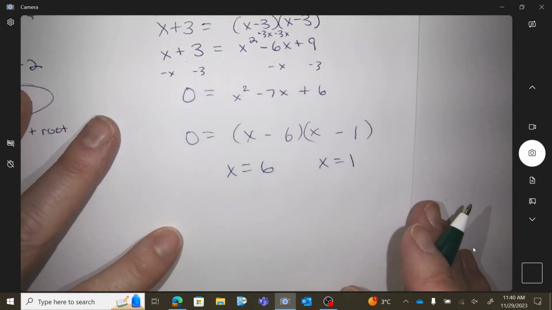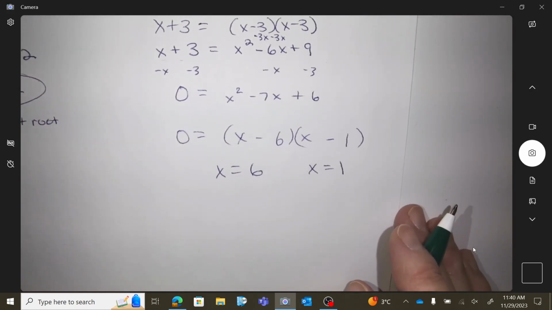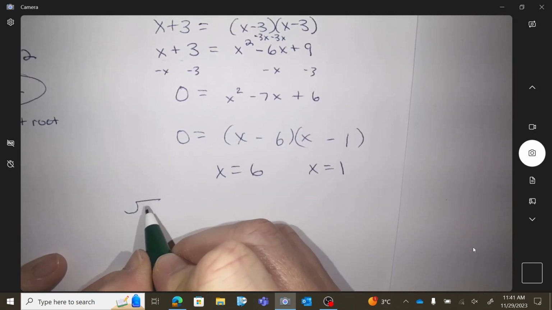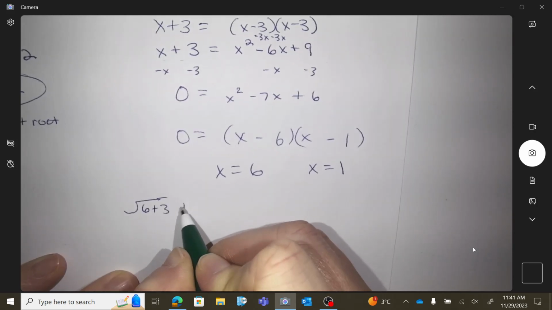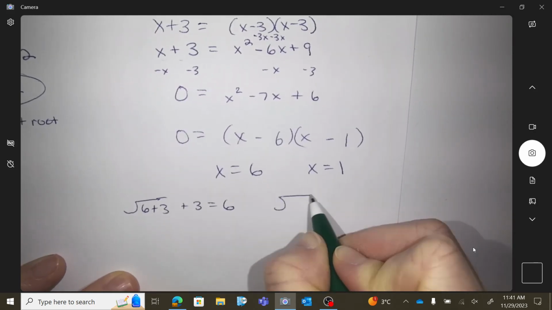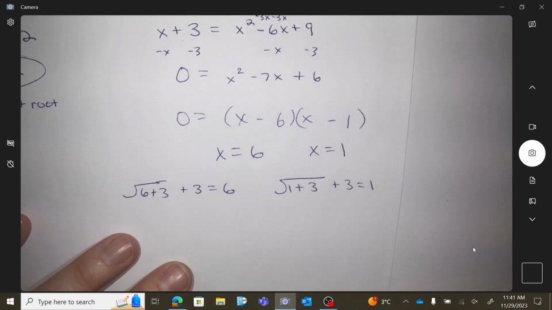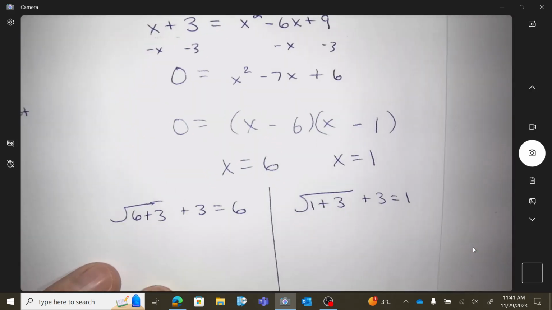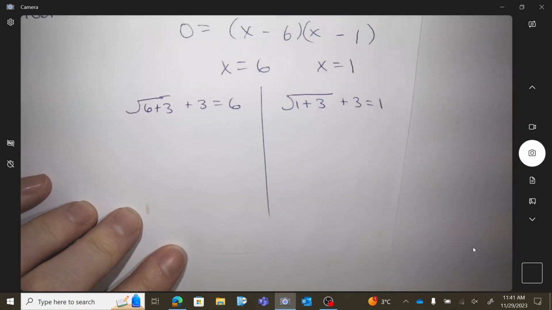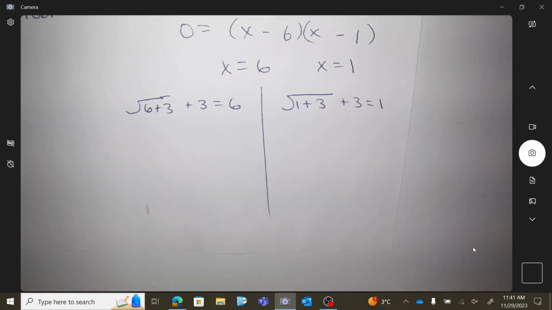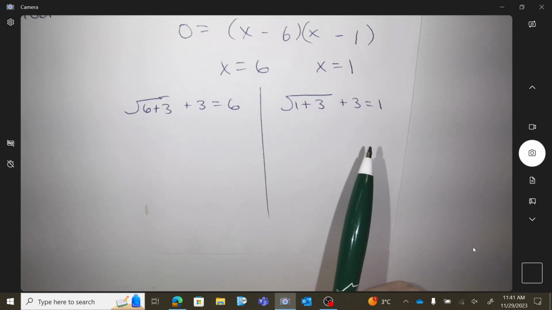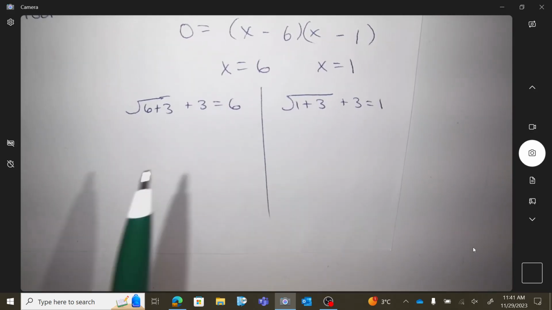Okay, I'm going to check my answer, especially on the one where it gives me double answers. I should be checking. Checking all the time, but this is the one that's for sure. Okay, so this is me plugging a 6 in and then plugging a 1 in.